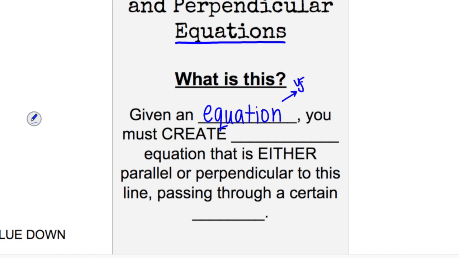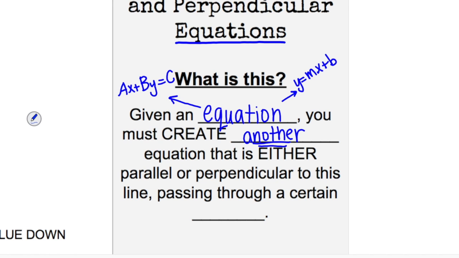It could be in slope-intercept form, so y equals mx plus b, or it could be in standard form, so ax plus by equals c. From that equation, we must use some information to create a second equation.